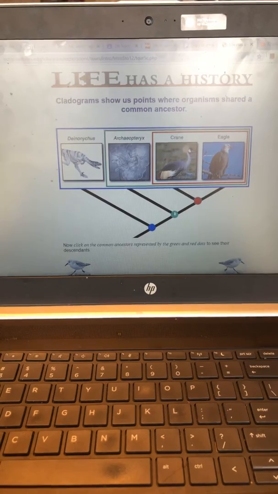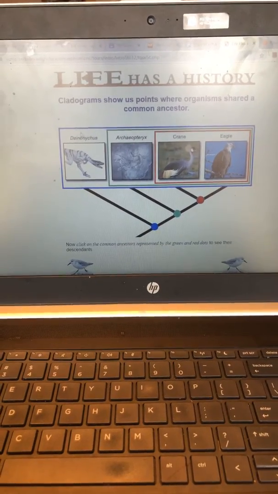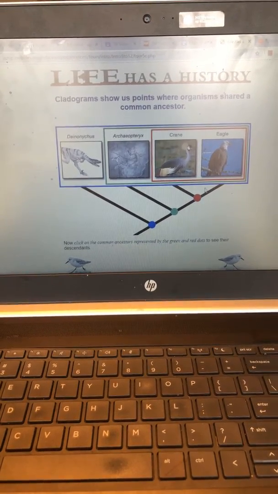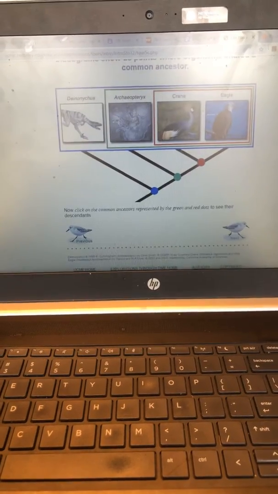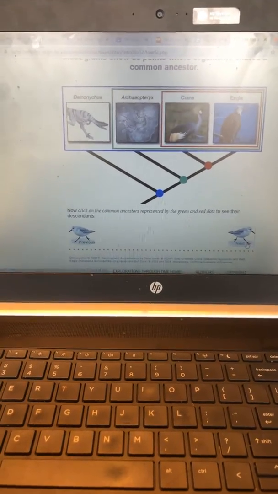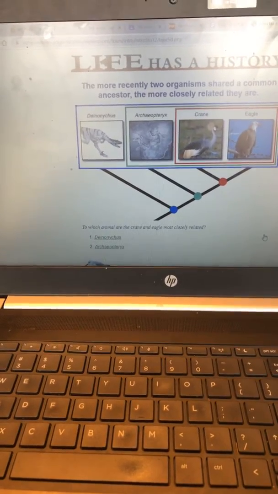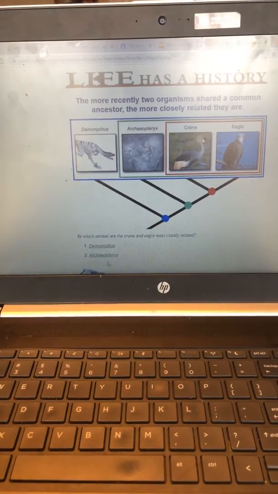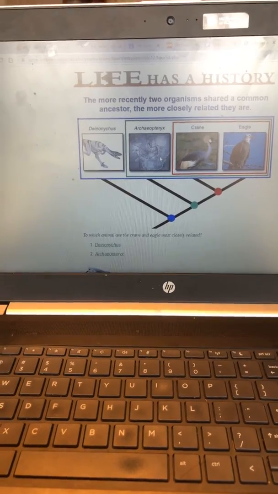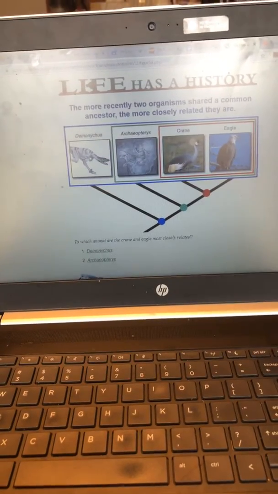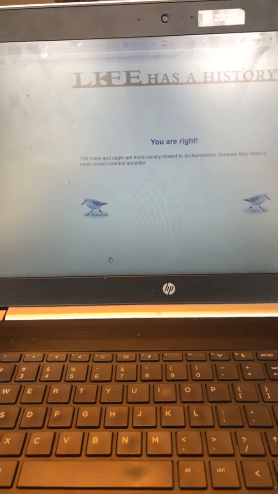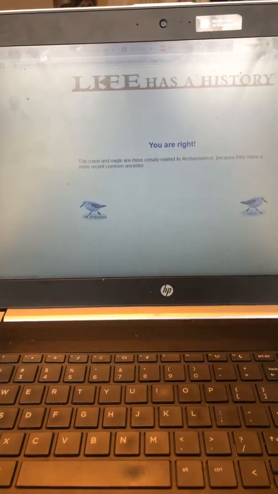But if we get in a little bit closer, this one is less related. So the closer they are together, the more related they are, or they share more commonalities. So to which animal are the crane and eagle most closely related? Well, obviously this one, because it's closer to them. As you get further down the family tree, the less related you are.